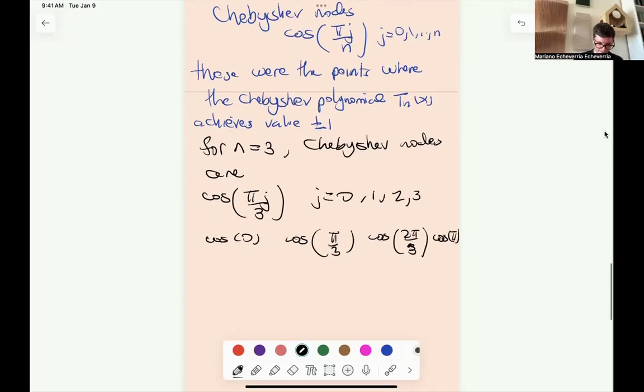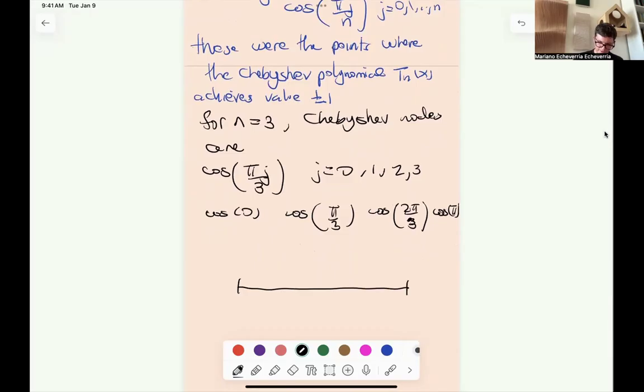They're kind of backwards, but if you plot them on the number line, the first gives you one, then one half, then negative one half, and then negative one. You could think of those as 4 nodes.